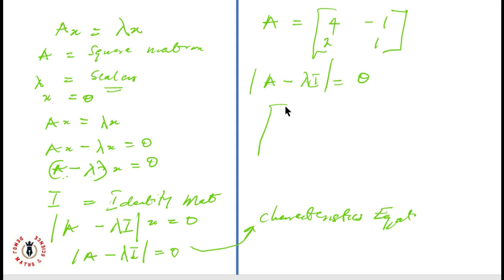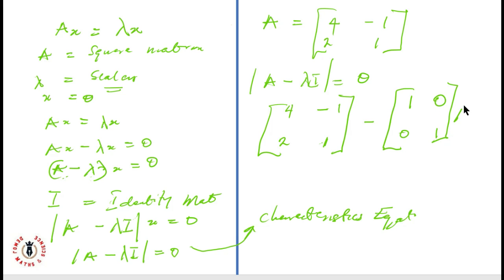That is this matrix A, 4, 2, minus 1, and 1, minus the identity matrix 1, 0, 0, and 1, multiplied by lambda, equals 0. Your identity matrix is such that all the diagonals are 1.